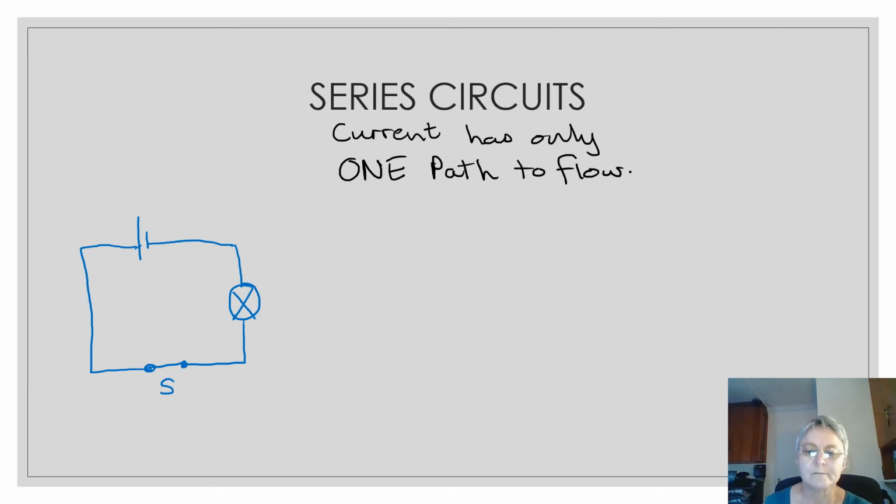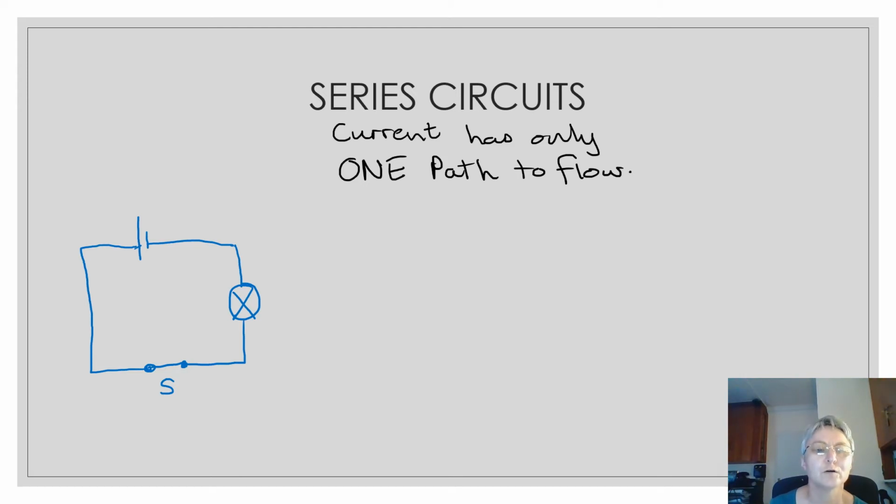Now, we can imagine the conductors to be like water pipes, and we can imagine the electric current to be like water flowing in the water pipes. So here we go. The battery is the source of energy for the charge, for the current to flow.